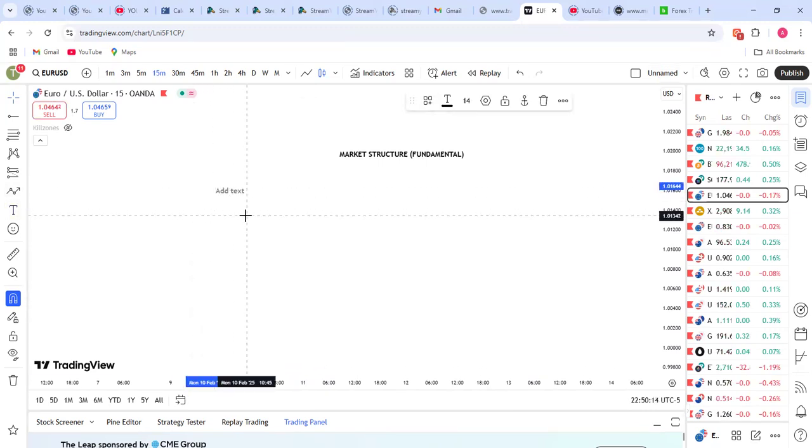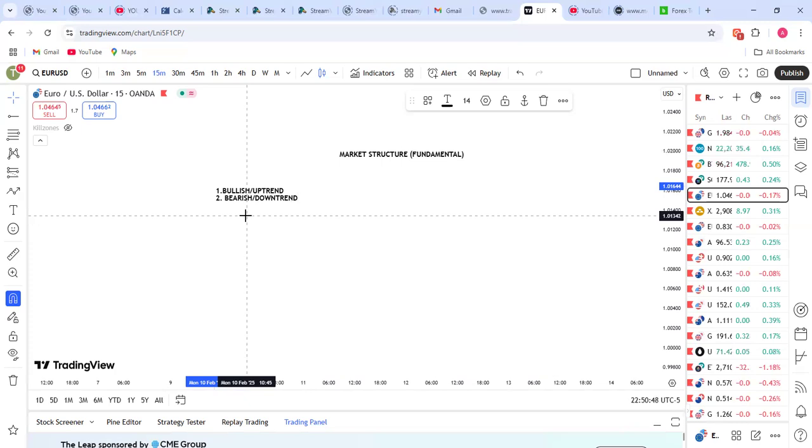We have, as one, bullish or uptrend. Second one is bearish or downtrend.